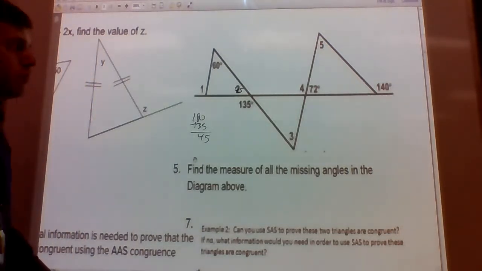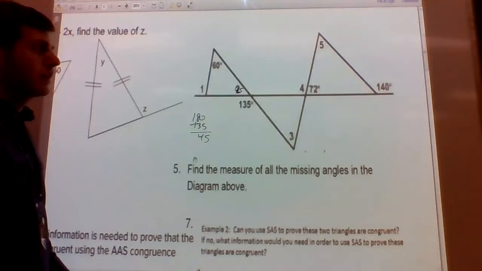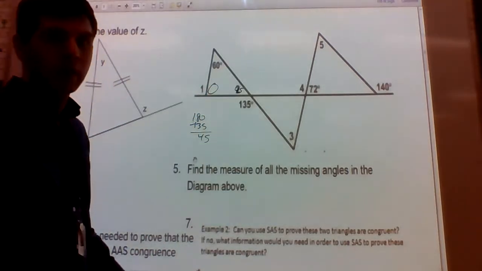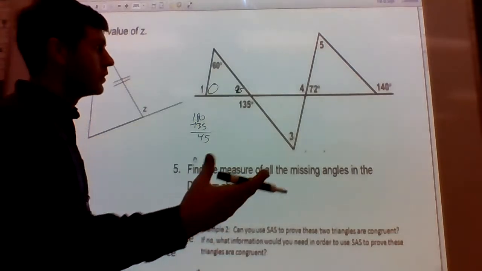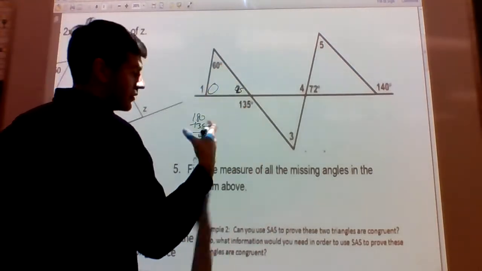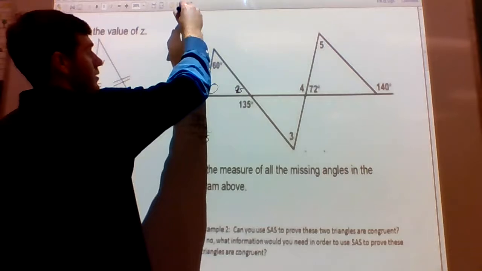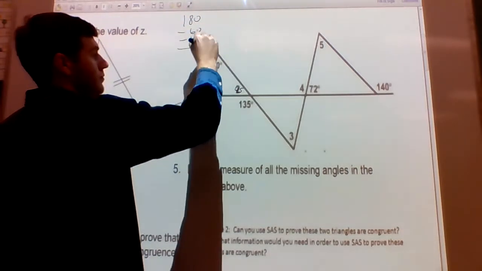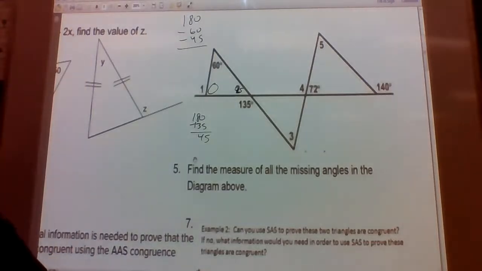Okay. We know this angle is 60, and we know that the three interior angles of a triangle add up to 180 degrees. So again, depending on what you feel more comfortable with, we can do 180 minus 60 minus 45, which is going to give us 75.